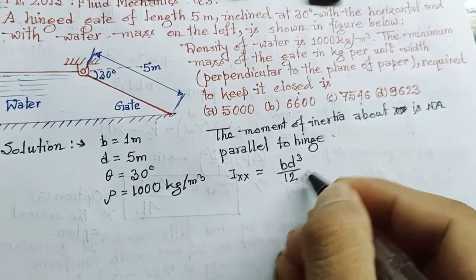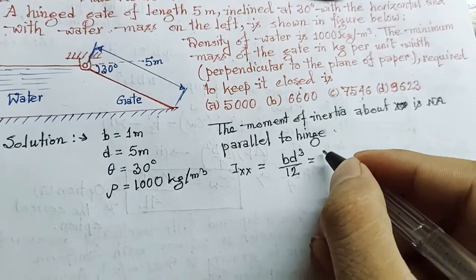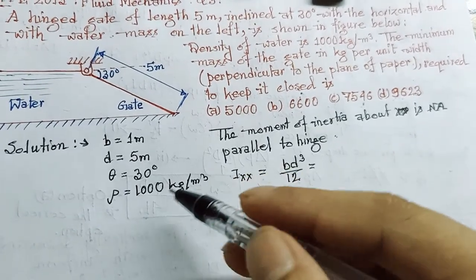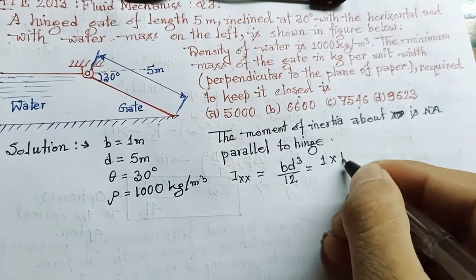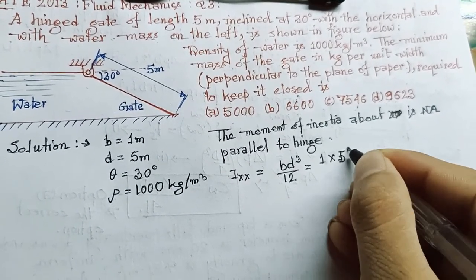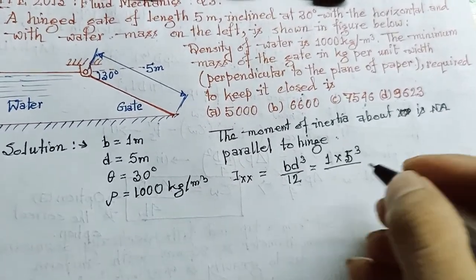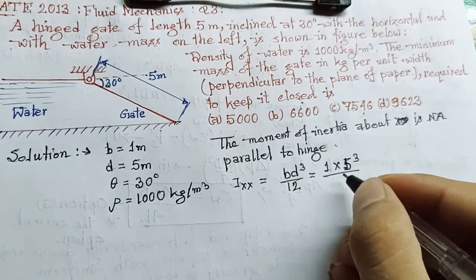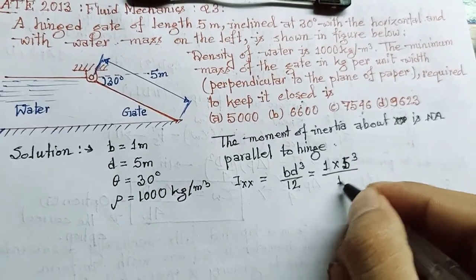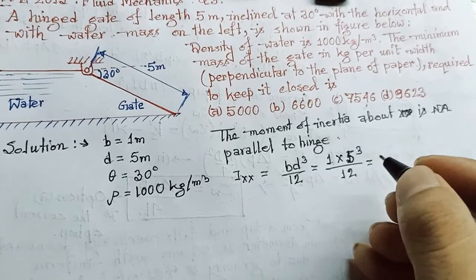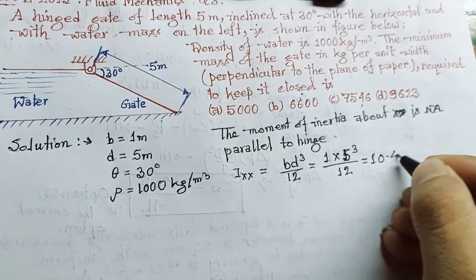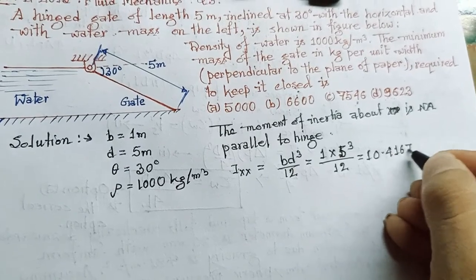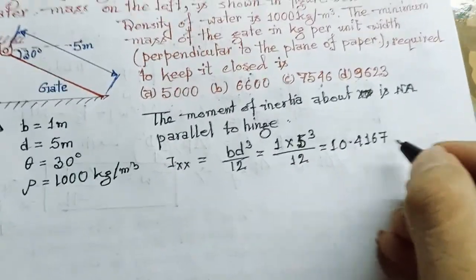If we put the value of B and D here, B is given as 1 and D is given as 5, so 1 into 5 cube divided by 12, which will be equal to 10.4167 meter to the power 4.